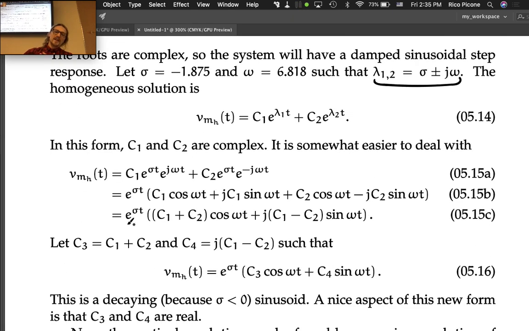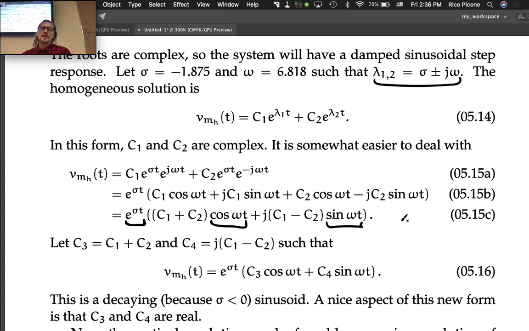What we see is this exponential term that comes out front, e to the real part t, which is why that real part's got to be negative, right? If that real part's not negative, then we're going to have an exponential that grows, or at least is constant if it's 0. Then we've got these constants combined together to give us a cosine and a sine term at the same frequency. So we know that's actually a single sinusoid with a phase offset, right?